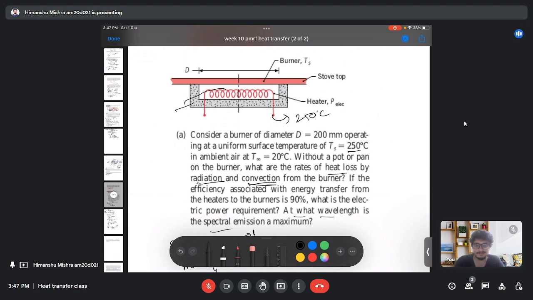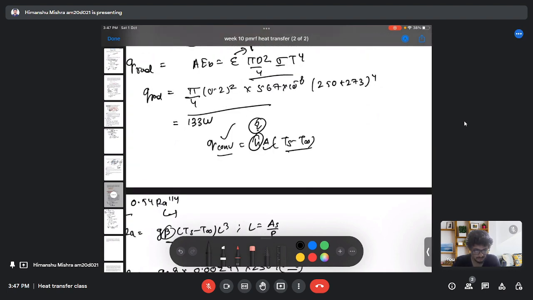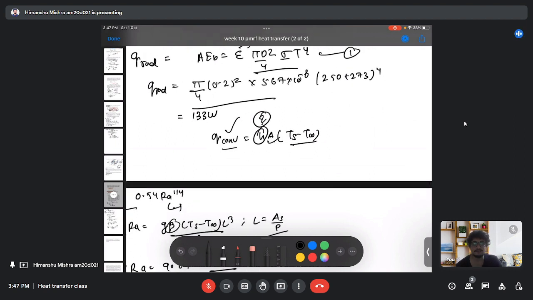So we calculate the radiation heat transfer, which is a straightforward calculation, especially for the black body, by using the Stefan-Boltzmann law in equation 1. To calculate the convective heat transfer, we actually need this heat transfer coefficient. And to calculate the heat transfer coefficient, we need to identify whether the heat transfer is forced convection or free convection.